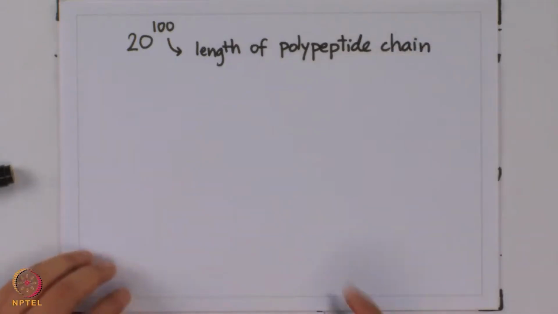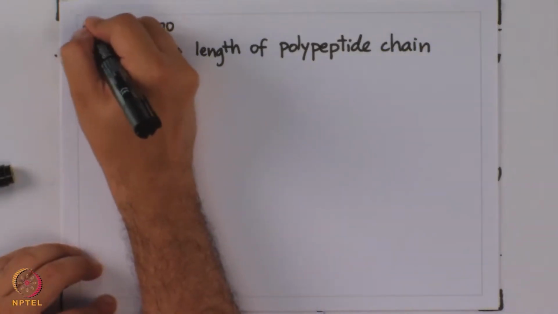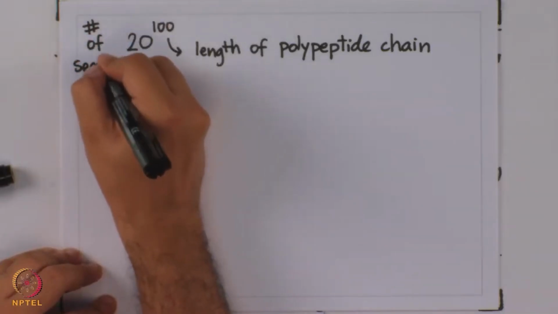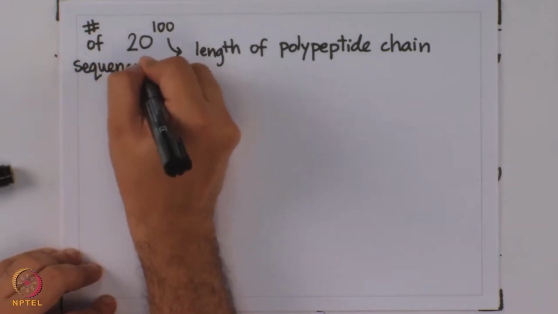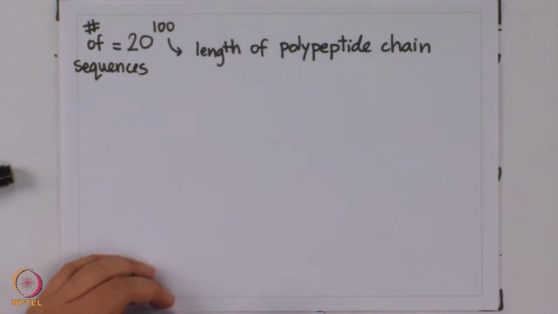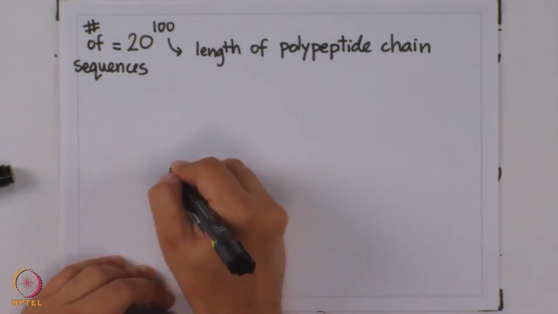And each one of these, this is number of sequences, and each one of these sequences is going to be represented by a node.